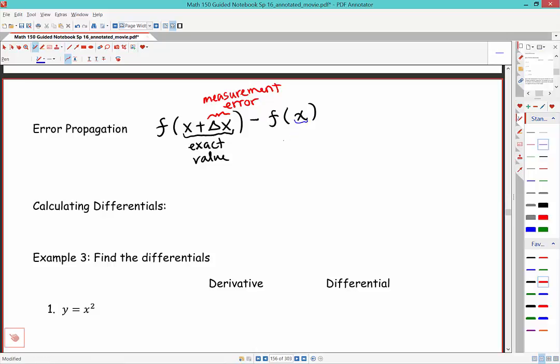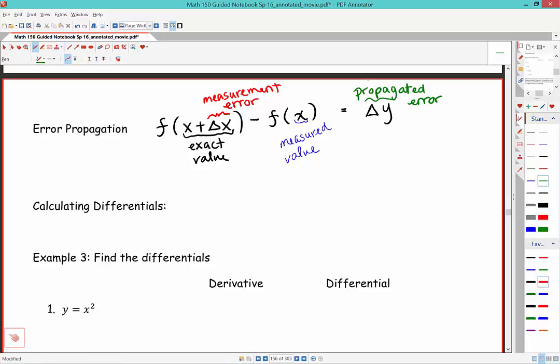X would be the measured value. And that's all equal to the change in y, which is called the propagated error. And of course, we often will approximate delta y with dy.